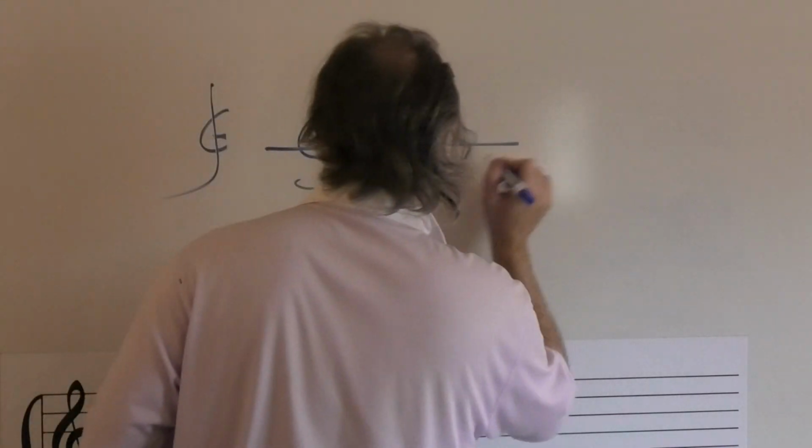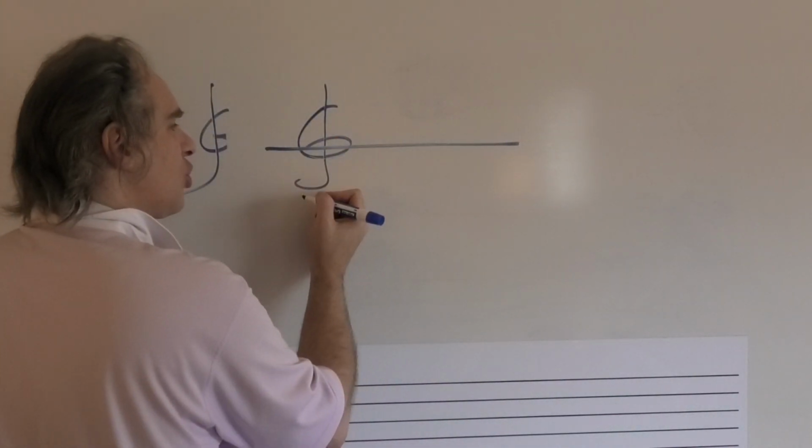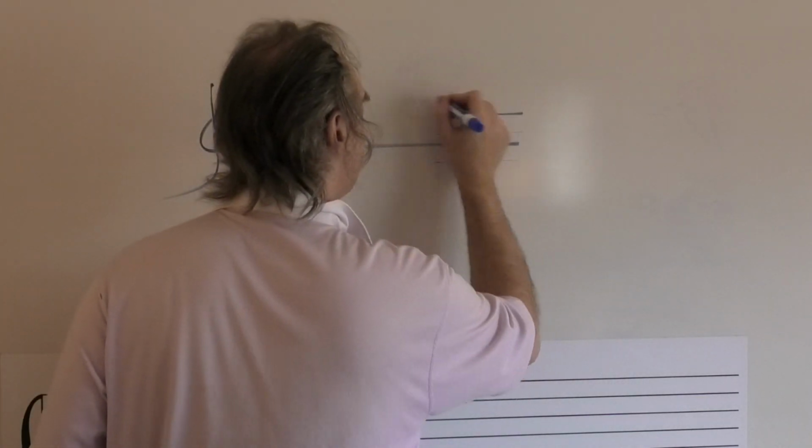Now, there's a line going through the treble clef. The scroll of the treble clef scrolls through one of the lines on the staff.